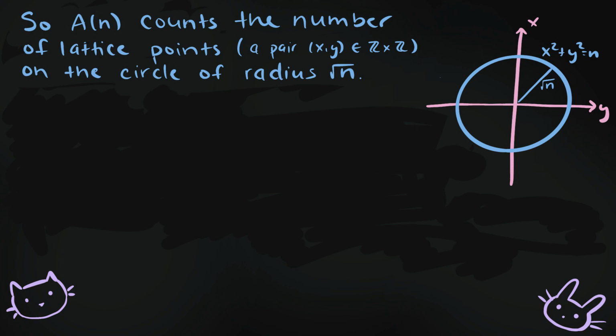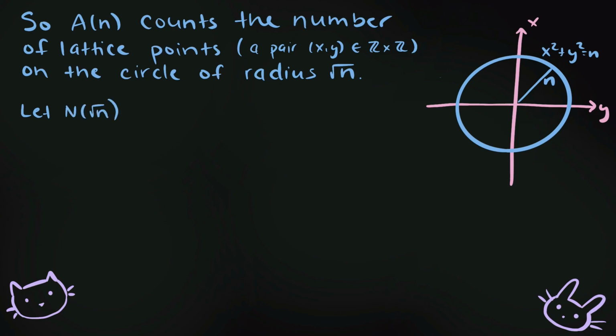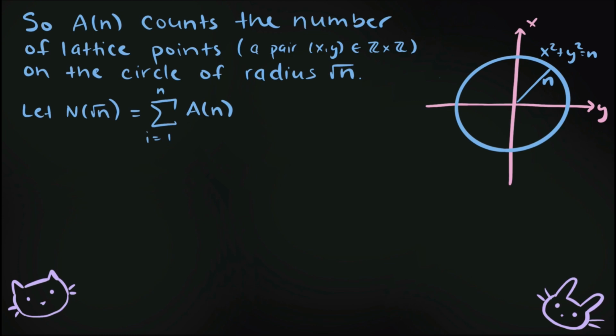So when you take the average, right, you sum up all you have and then you divide by the number of things that you have. So first let's start by summing. I just see that there's a typo on here, so I want this to be the sum of a_i, not a_n. So if we sum up all the a_i's, where i goes from 1 to n, let's call this big N of square root of little n.